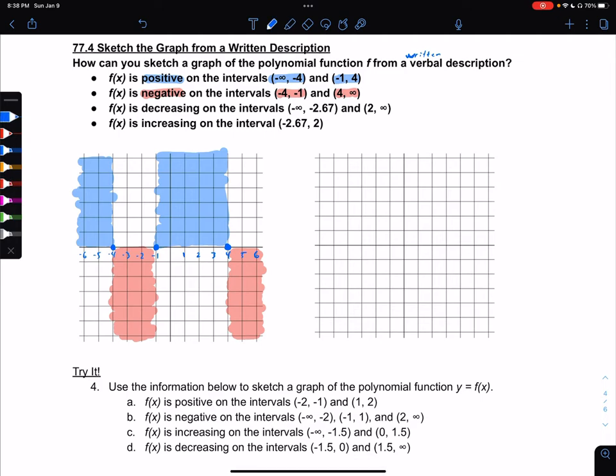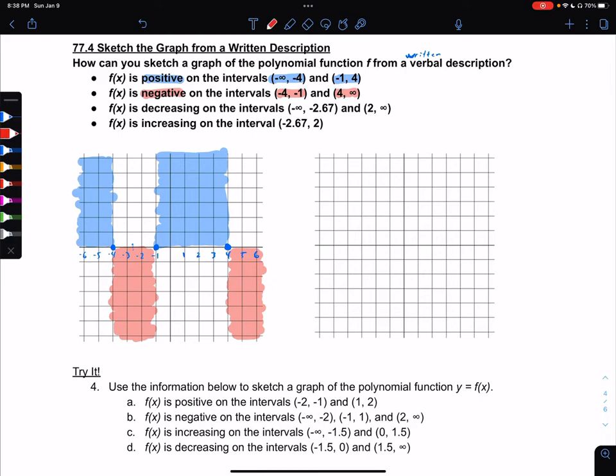Now the next part of this is where it is increasing and decreasing. So this is where we have to be a little bit more careful. From -infinity to -2.67, it is decreasing. So the graph is going to drop down from left to right. -2.67 will be somewhere about here.